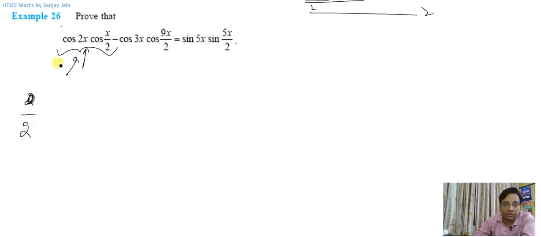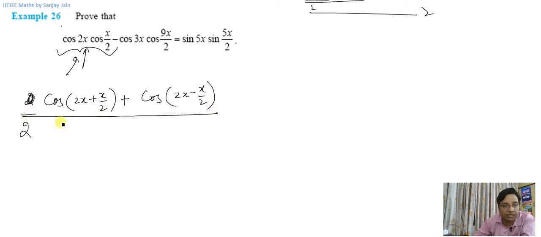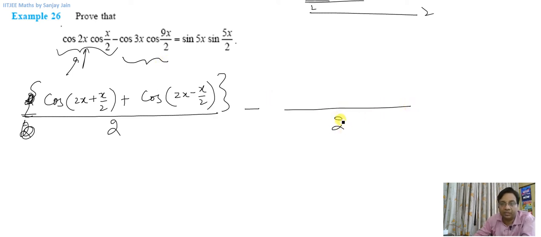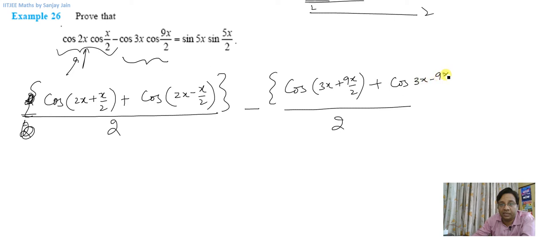So 2 cos A cos B will give me cos A plus B, that is 2x plus x by 2, plus cos A minus B, that is 2x minus x by 2. So this is the first part. This entire expression is being divided by 2. Now minus, this is another identity cos A cos B, so I'll again divide it by 2, so that it becomes 2 cos A cos B, and now I can say cos A plus B, that is 3x plus 9x by 2, plus cos A minus B, that is 3x minus 9x by 2.